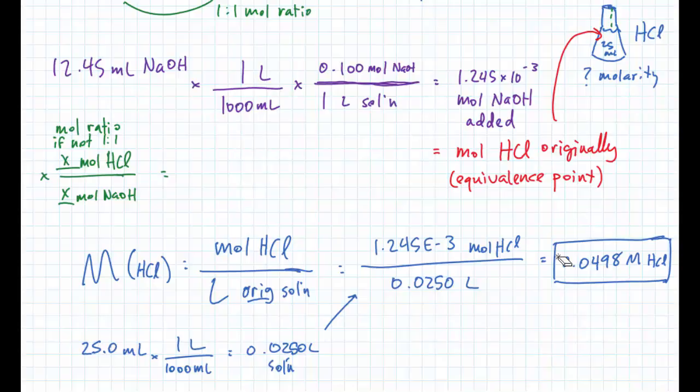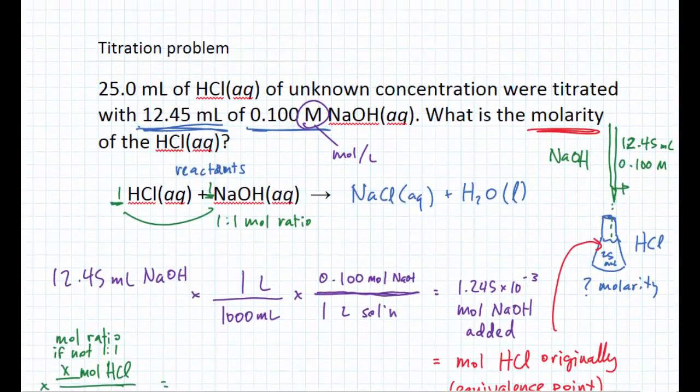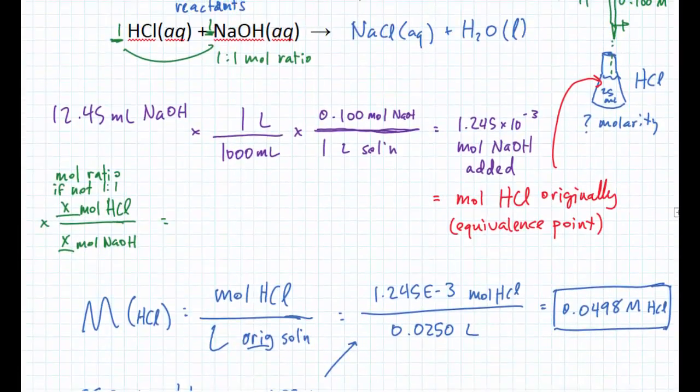All right. So you'll have a chance to practice titration problems, not only in lab, but in the Mastering Chemistry that you'll be doing for Sunday night. It's really just an application of the solution stoichiometry problems that we've been doing so far.